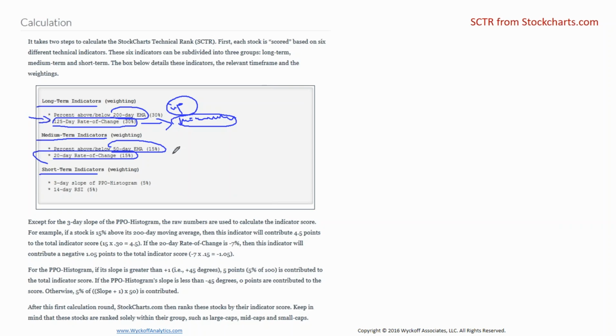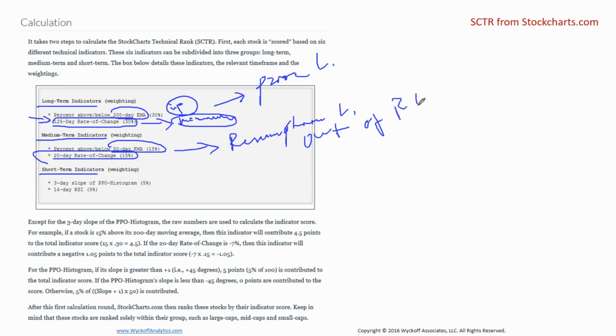So we want to come in and establish a prior leadership and then establish a resumption of this leadership out of reaccumulation. And then more on the short-term basis, this is all about points of entry. This is identifying that entry bar.